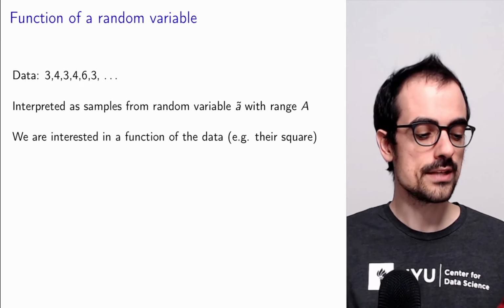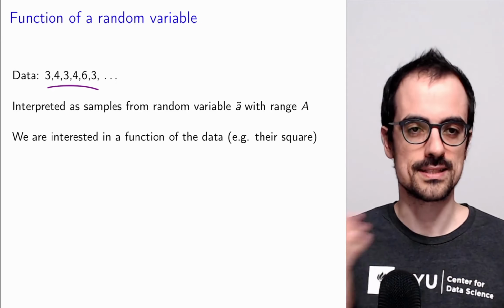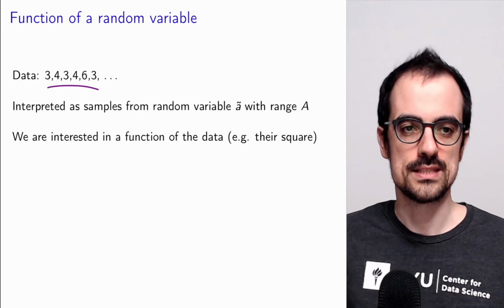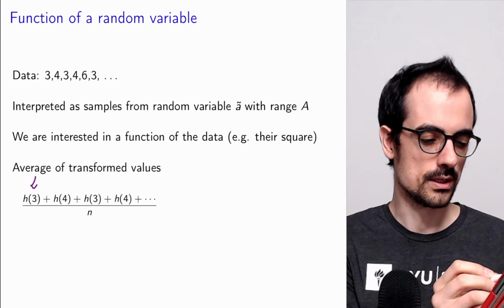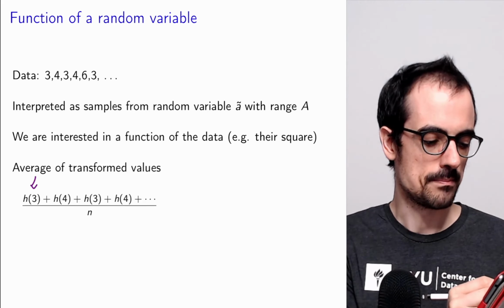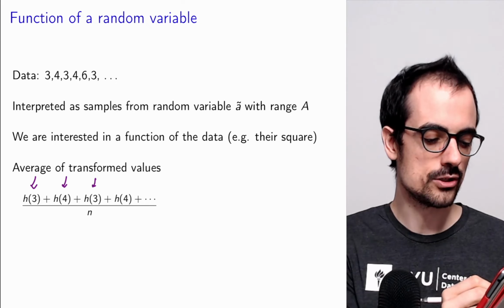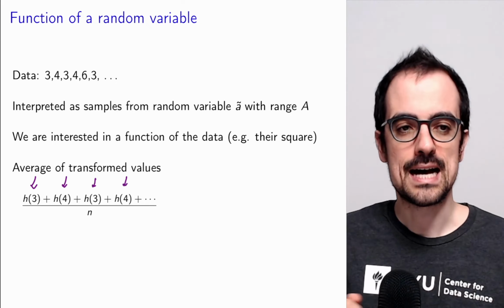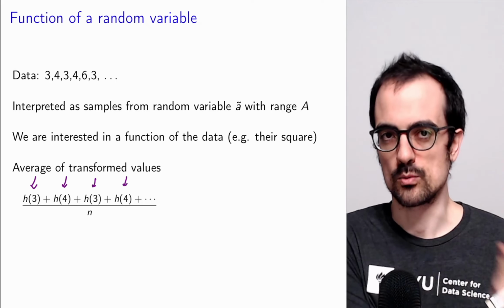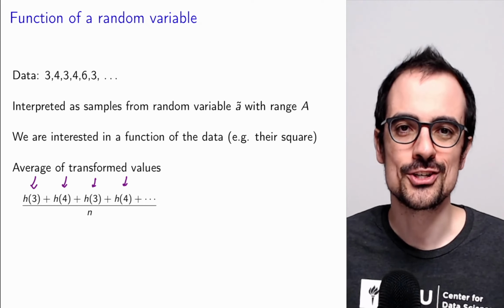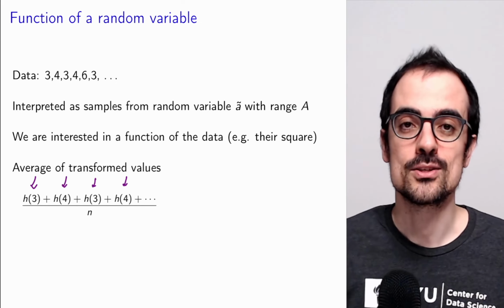If we just consider the data points, just some samples from that quantity, this is very easy to do. We just apply the function, here we're calling this function h, we apply the deterministic function to each of the data points, and then we compute the average normally. We compute, for example, the squares, and then we average. That gives us an average of the function applied to the data.